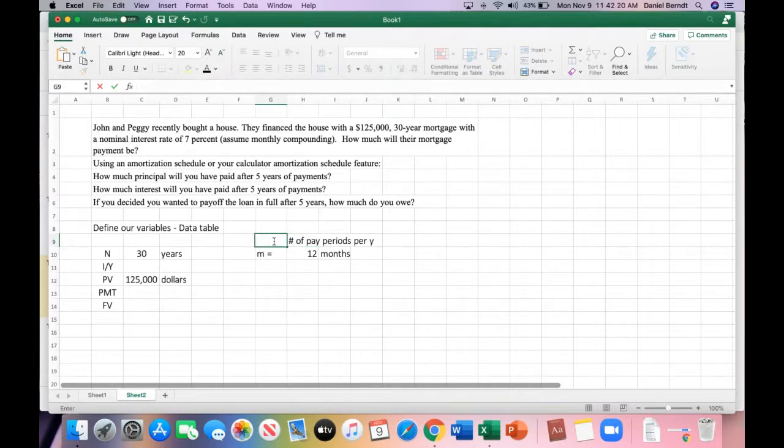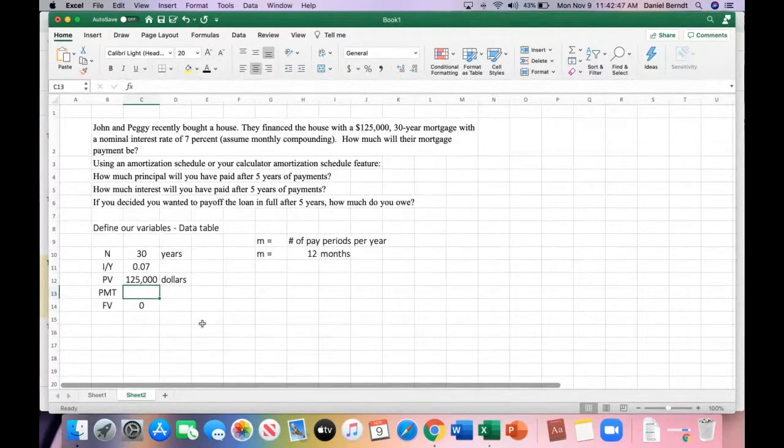Man, my thumbs must be grabbing that trackpad a lot today. So M would be 12 months in this case. Okay. And it says our nominal interest rate is 7%. Remember to convert to that decimal, 0.07. Then look at the payment, and like we said in the last problem, we know that the future value of the loan should be 0, right?